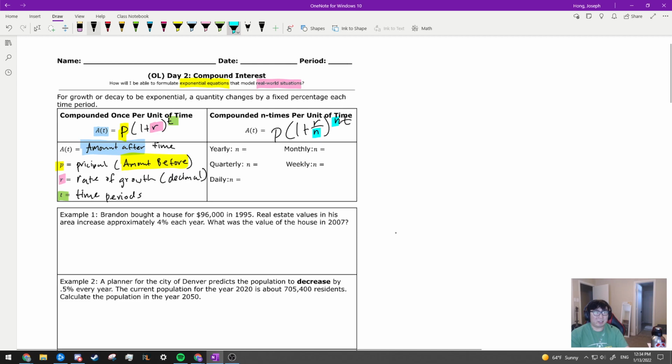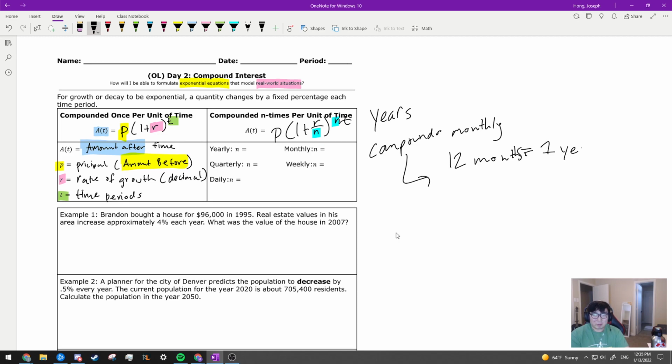This n is talking about how frequently per year. So if we're talking about years and we say that it compounds monthly, we can say that there are 12 months in 1 year. So therefore, n is equal to 12.